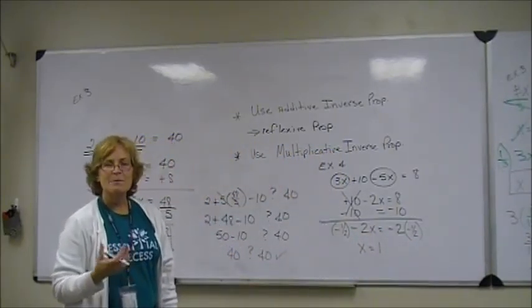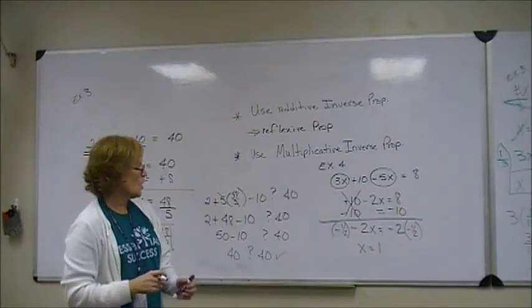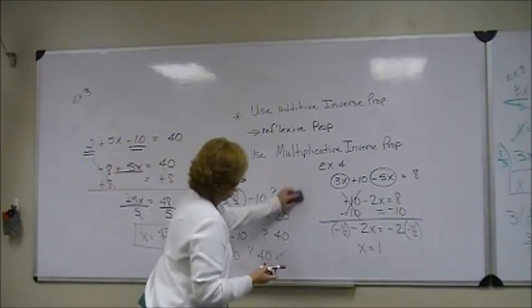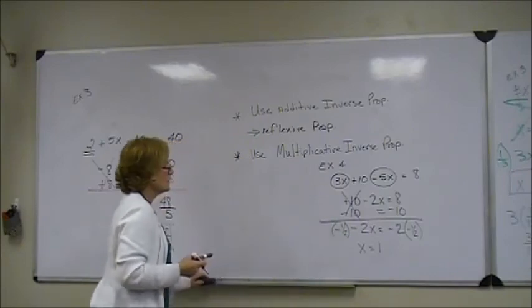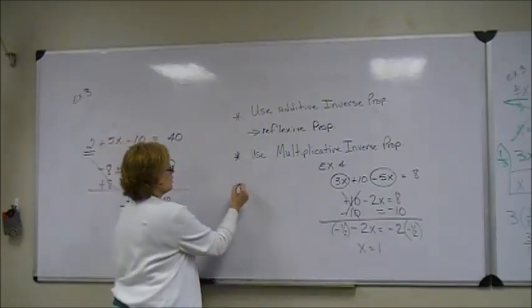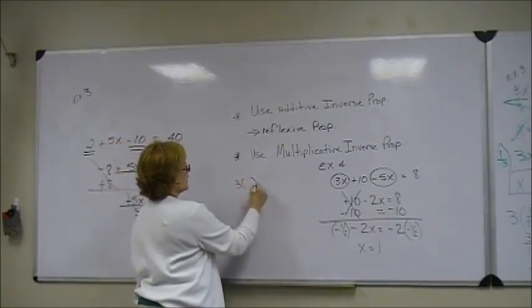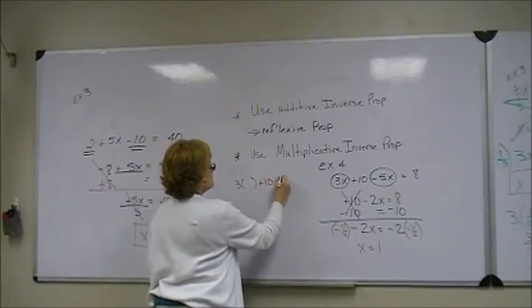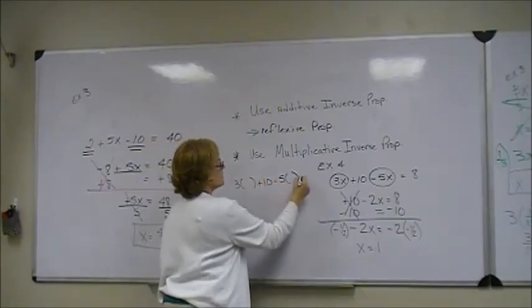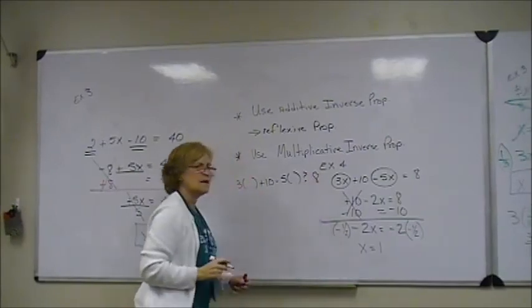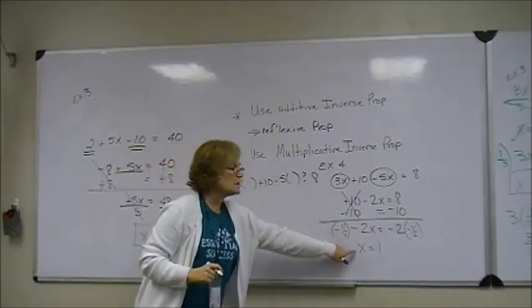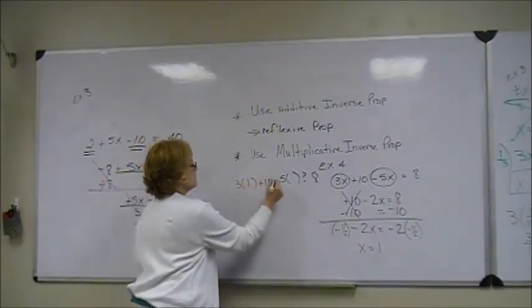Now I need to go back up into the original equation and solve my check. So I'm going to go up here and I'm going to go 3, leave out the x, plus 10, minus 5, leave out the x, and see if that is equal to 8. So where my x was, I'm going to replace it with 1.